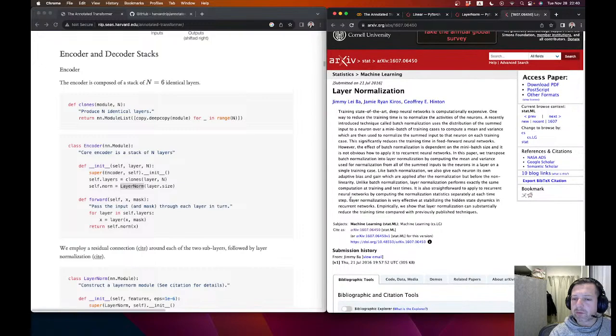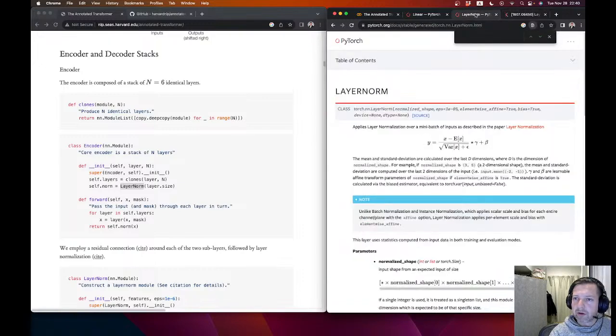Okay, it seems like some sort of optimization that's being done while training. And so I guess it's normalizing the input to a node.